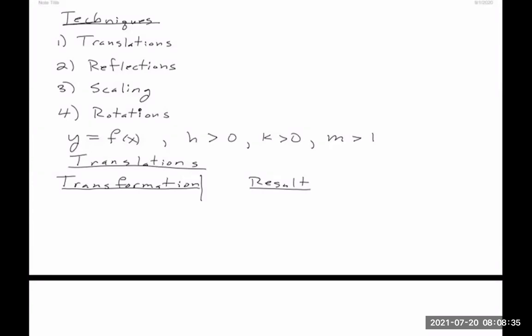Rotations were discussed in your Math 259, Math 260 class, and in your pre-calculus class. Translation, reflection, and scalings were also discussed in your intermediate algebra class, but we're going to discuss them again. I don't think we'll actually discuss rotations here.